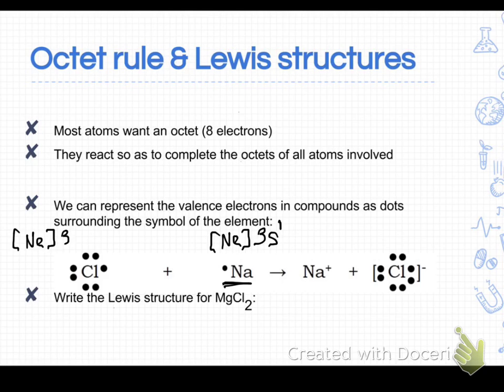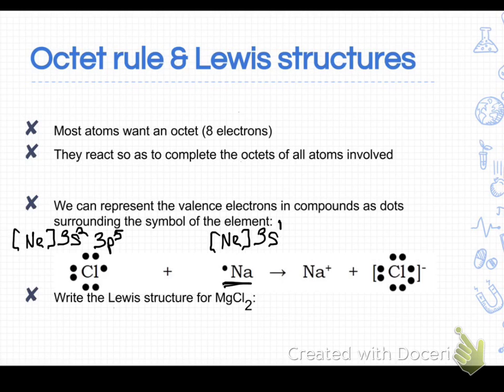Then we write everything that comes after that core. So 3s2, because we have to go through sodium, magnesium, and then jump over to the 3p block, and we count 1, 2, 3, 4, 5 boxes there to get to chlorine.